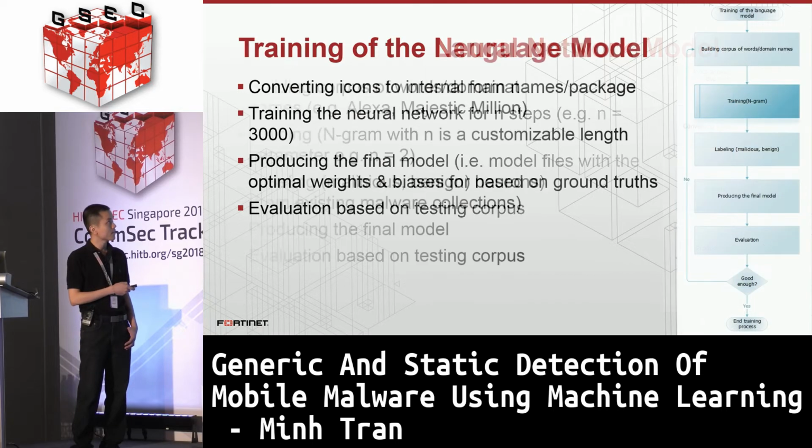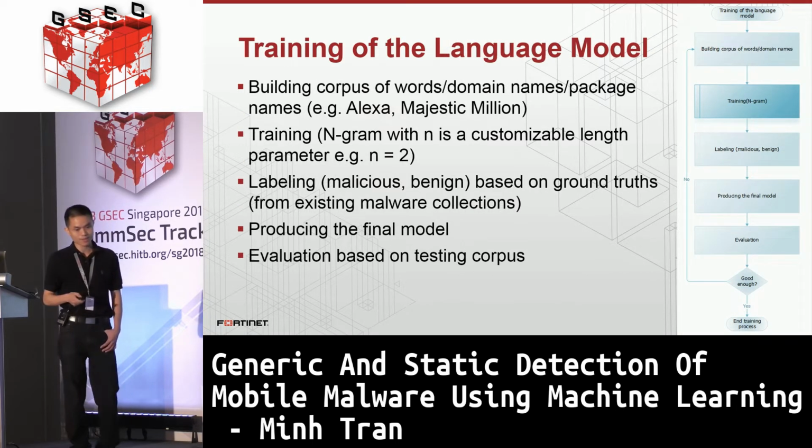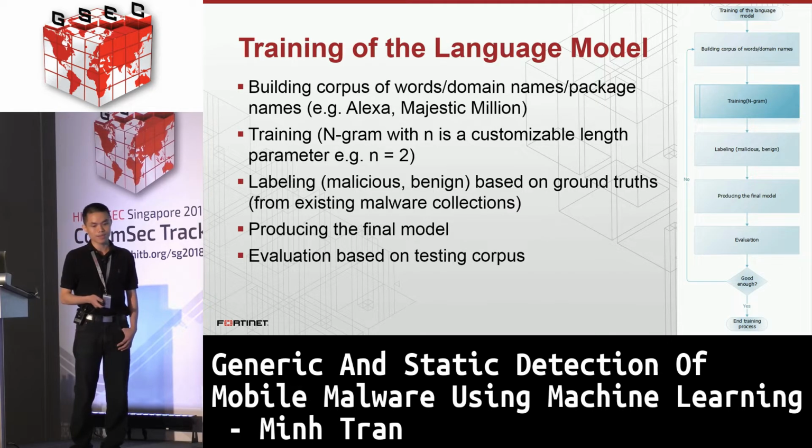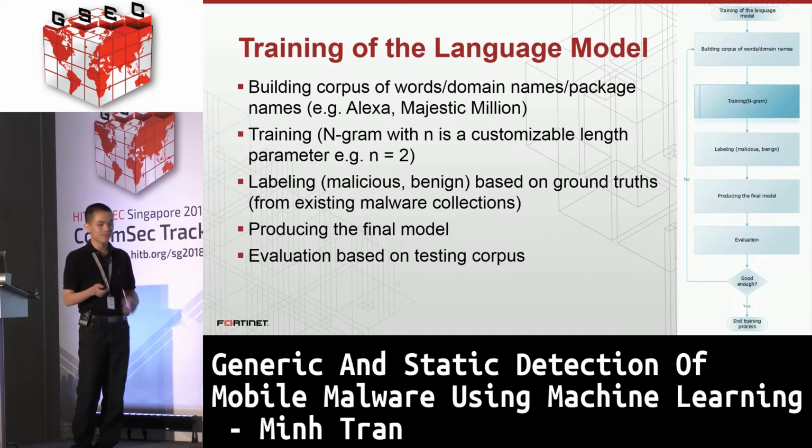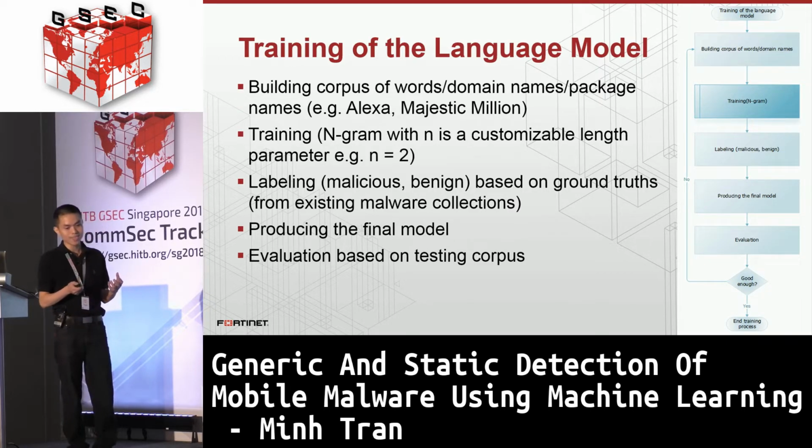Alright, so now we come to the second challenge, which is the training of the language model. For this language model, it's challenging because you need to classify between the malicious sample and the non-malicious sample, which look significantly different and are easy to tell from the human point of view, but not easy for the machine.